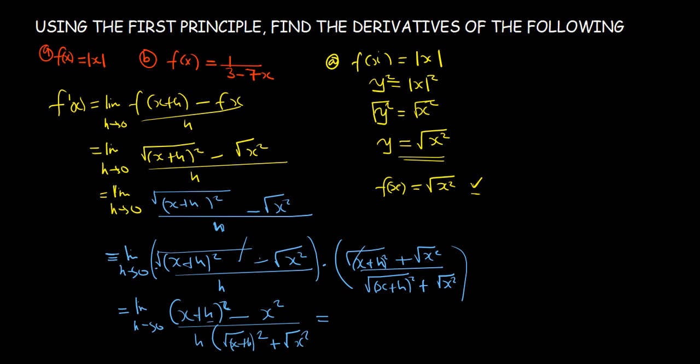If I expand that part, that will be x squared plus 2xh plus h squared, like that, then minus x squared, like that. Over h open bracket, root of (x plus h) squared, then plus root of x squared, like that. So that is it.